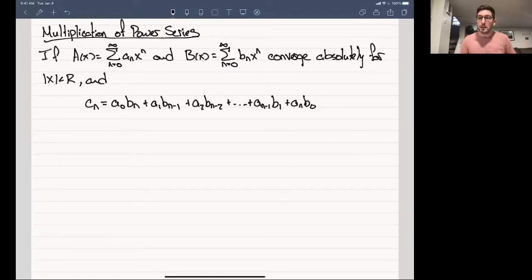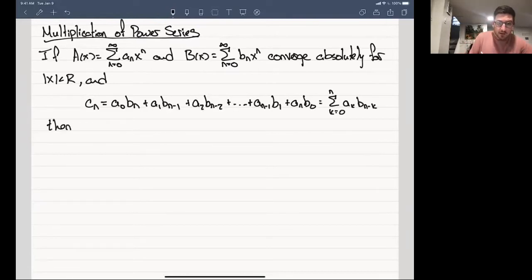The way that I was able to keep track of the terms in this sequence is because if you add up the indices, they add to n: 0 plus n, 1 plus n minus 1, 2 plus n minus 2, and so on. You can write this as its own finite series of a_k b_(n-k).